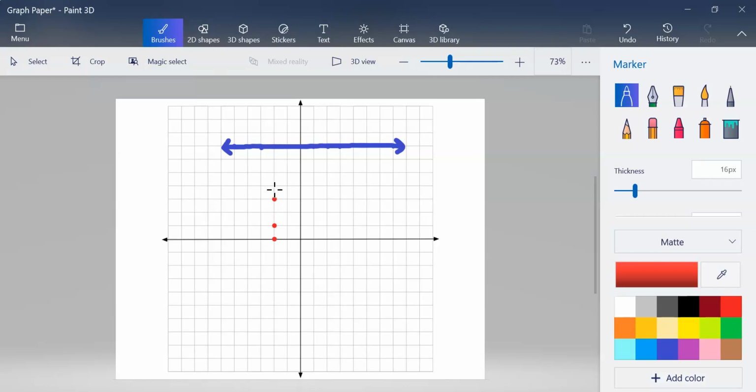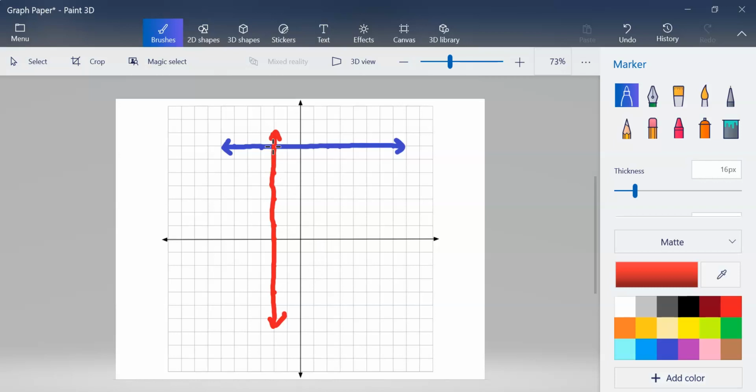As long as x is -2, y could be anything. And notice what we're getting here. We're getting a vertical line. So we get this vertical line. Put an arrow at both ends so we know that pattern goes on forever. And that's what we come up with. Okay?